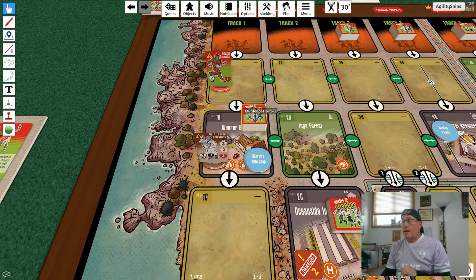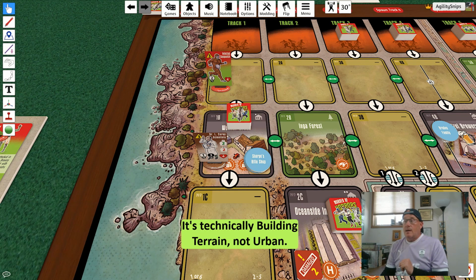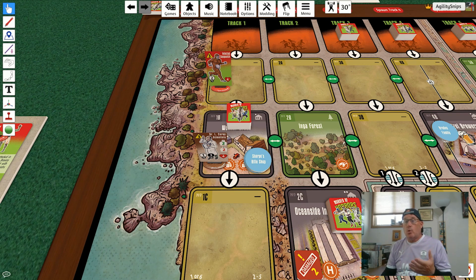So here I have a Murder of Horrors stack that has 5 units in it, and if I am fighting in urban terrain, I divide the number of tiles by 4 and round up. So 5 divided by 4 gives me 2 potential hits for this Murder of Horror stack. If the combat was taking place in a forest, I divide by 3.